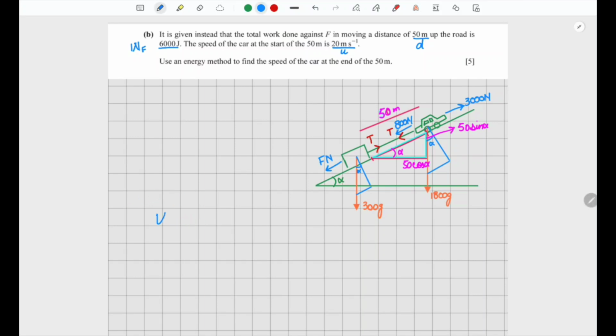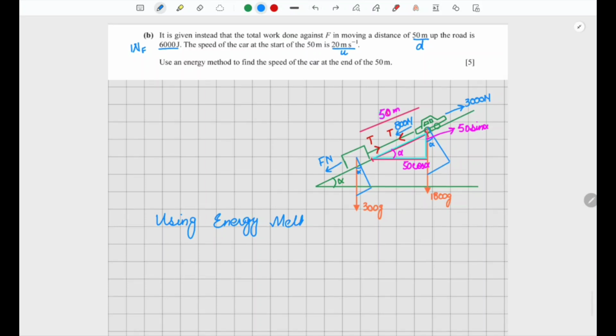Using the energy method, so what is the energy method?